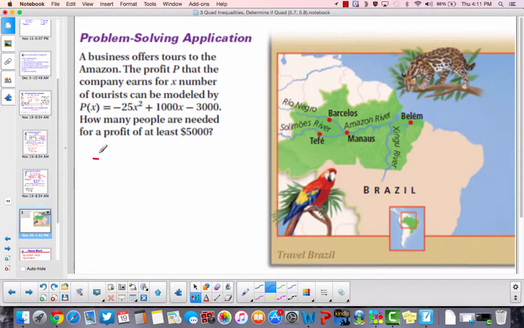So we have negative 25x squared plus 1,000x minus 3,000 must be at least, so greater than or equal to, 5,000.